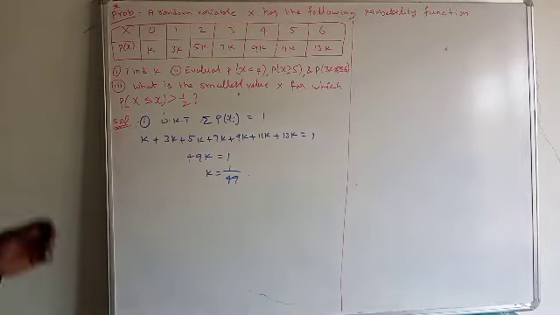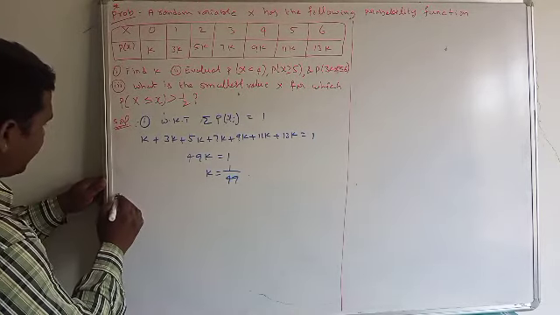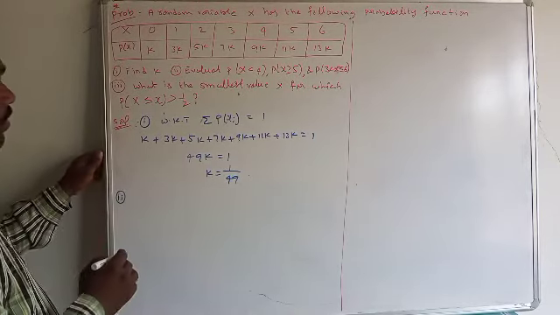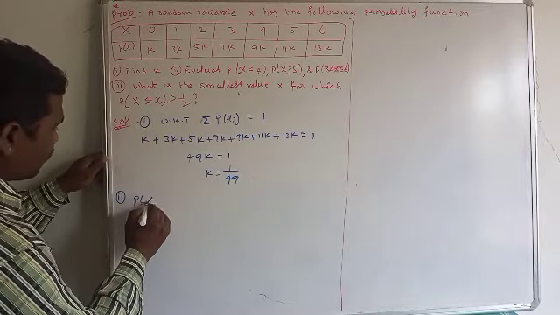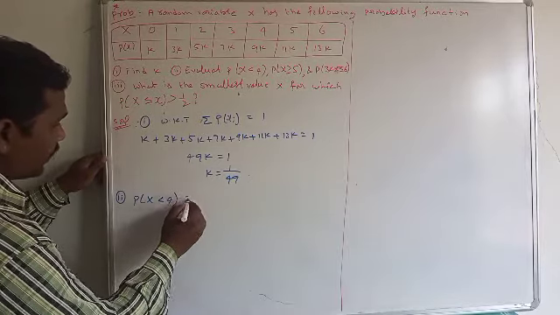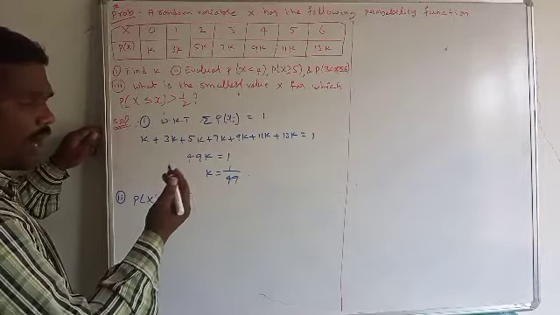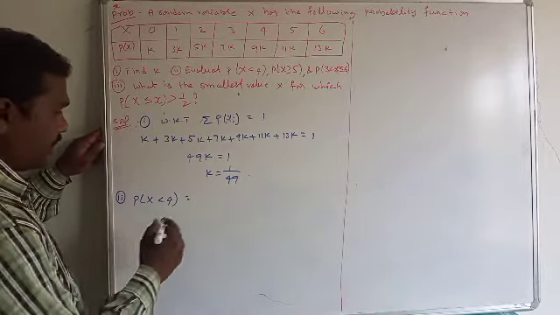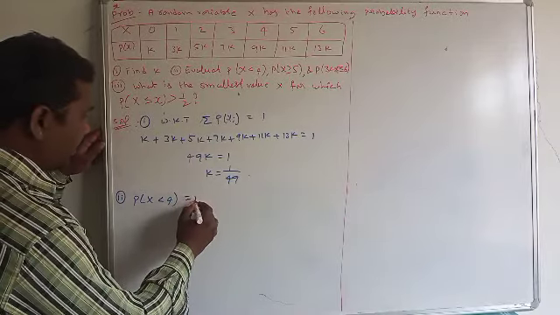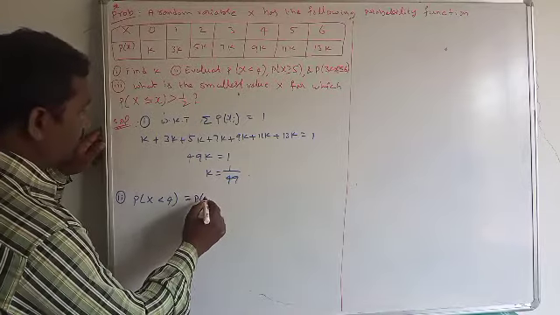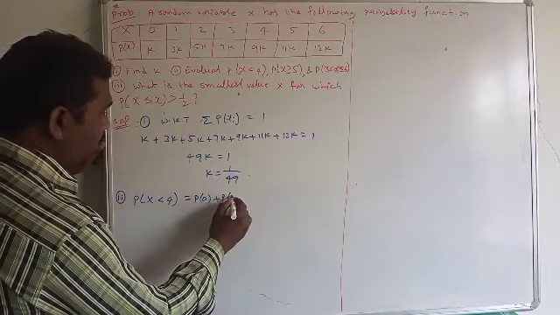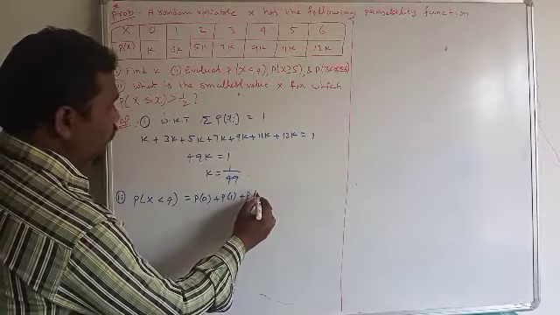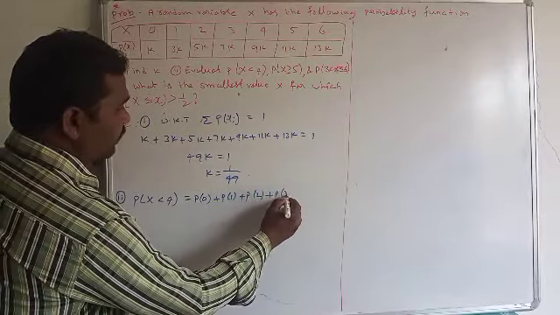That's all. Second bit, we evaluate probability of x is less than 4. This means up to 4, and 4 is not included. So it is the probability of 0 plus probability of 1 plus probability of 2 plus probability of 3.